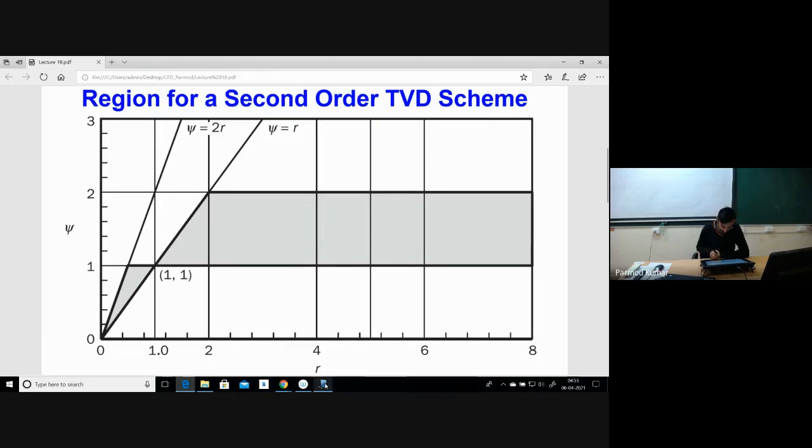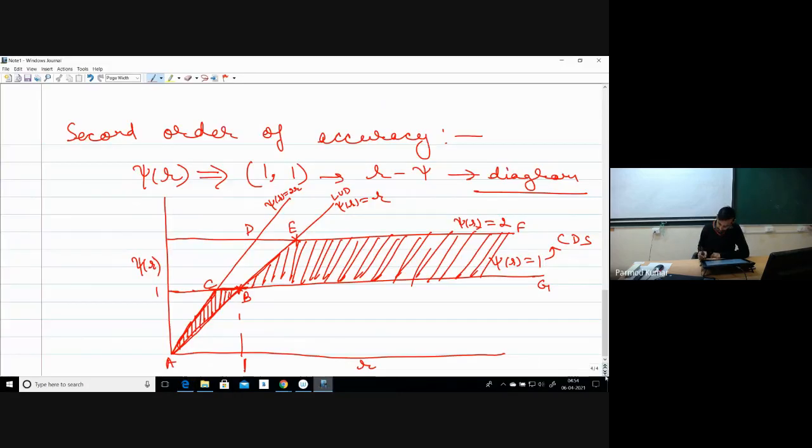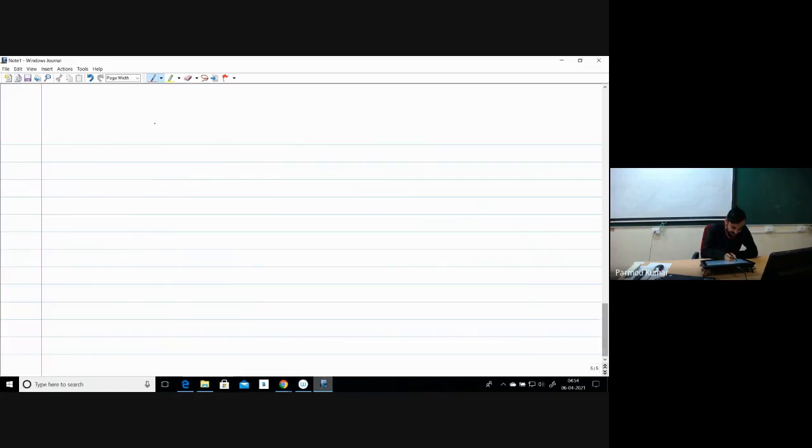Now, whatever the general expression we have written yesterday, that was nothing but phi e equal to phi p plus 1 by 2 into psi r of phi e minus phi p. So this is the general expression.